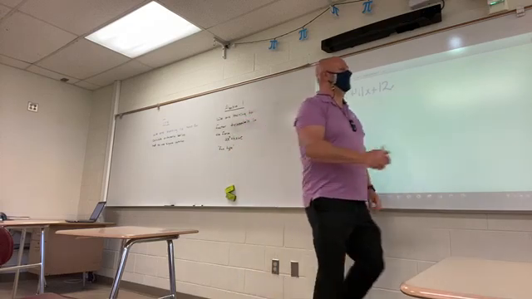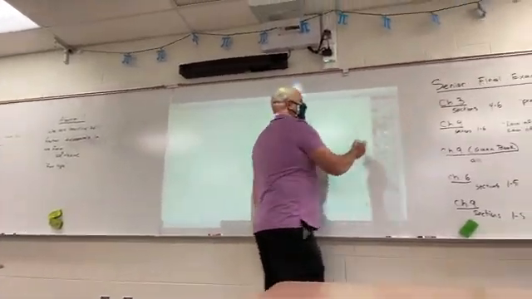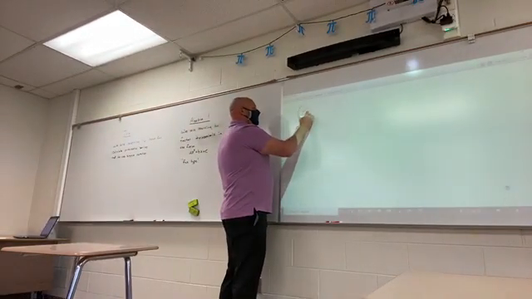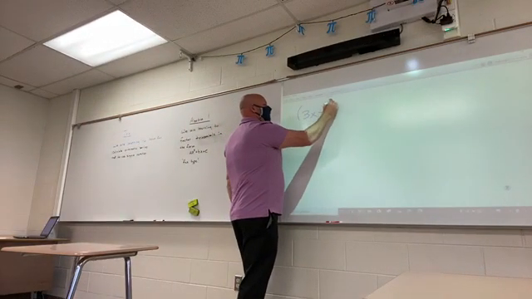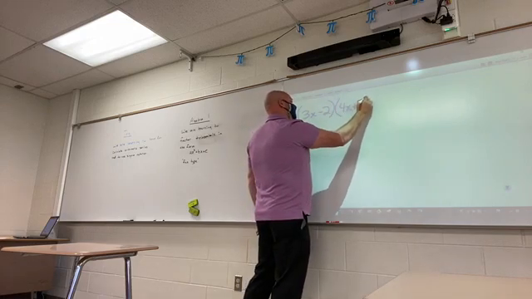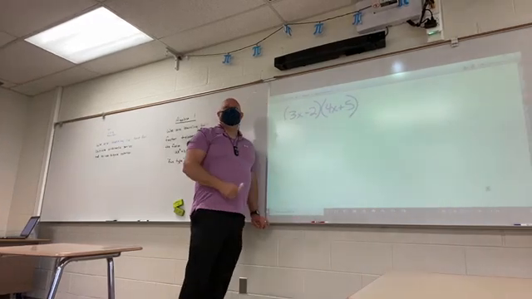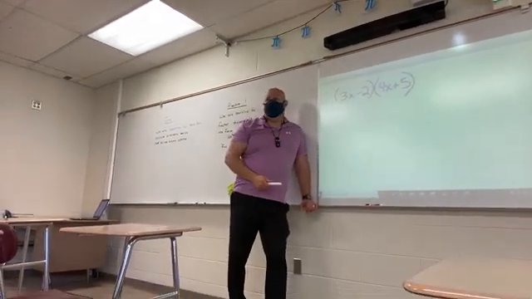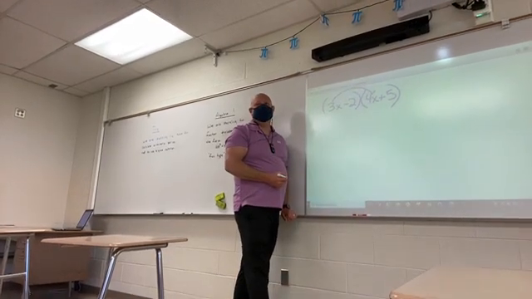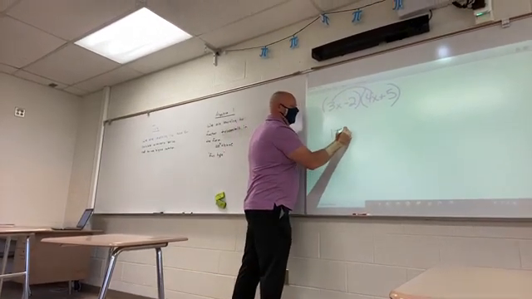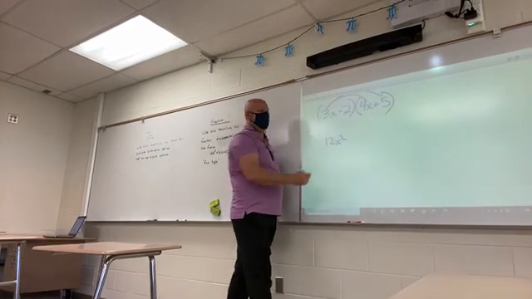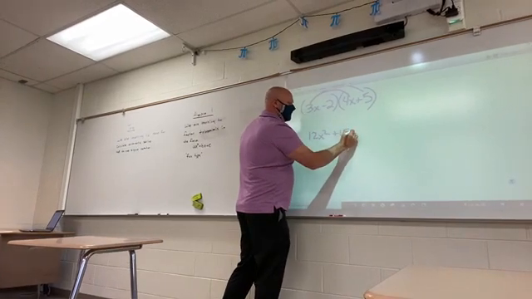And the reason that is, let's just take a binomial like 3x minus 2 times 4x plus 5. I got to FOIL that. What's 3x times 4x? 12x squared, right? And then 3x times 5 would be 15x.